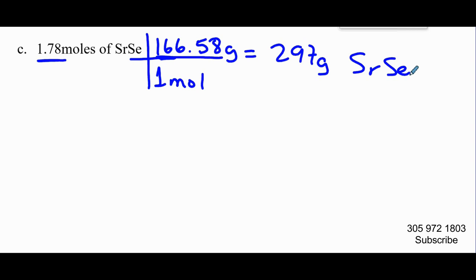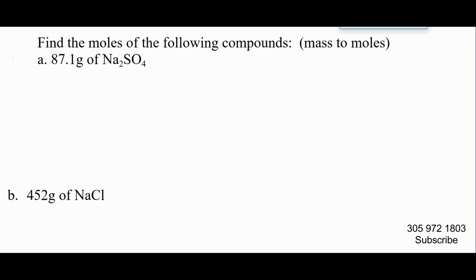Let's go to the next and last question. This question says, find the moles of the following compounds. I am given mass, I am given grams, so I must cancel with the molar mass of the compound.